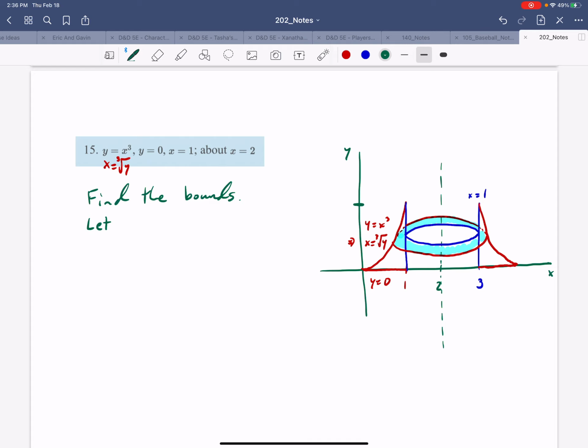So it looks like we want to let the cube root of y equal 1. Right? Because those are the curves we're working with. So we have that the cube root of y minus 1 equals 0.